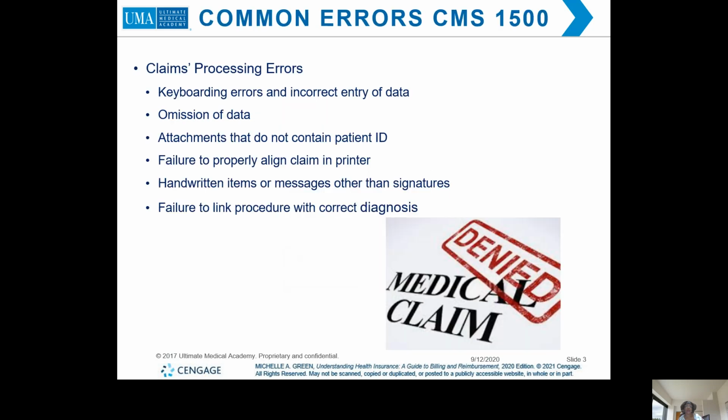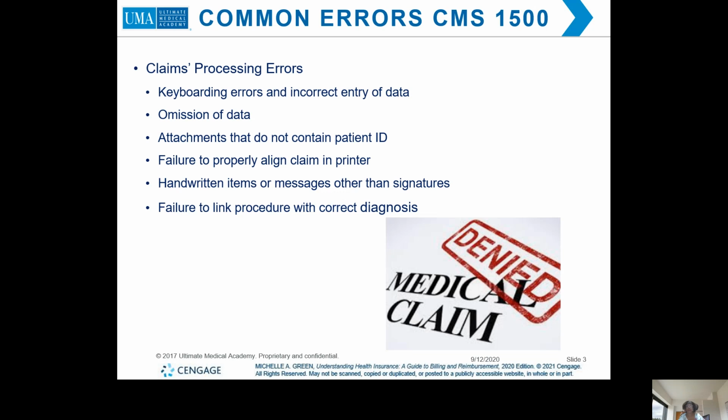So here we go. What are some common errors when we talk about the CMS 1500 when we are processing them? Remember, we are now in the electronic age. In our textbook, some information still deals with paper claims.